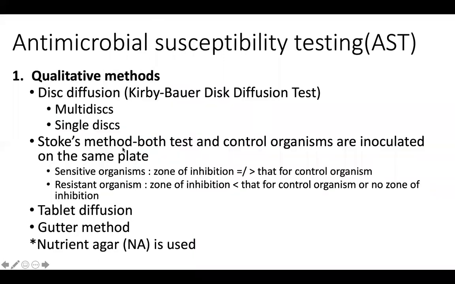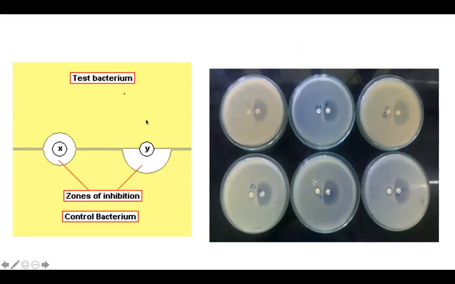Then you have the Stokes method also. For the Stokes method, you can see examples on the petri dish to the right. The explanation is to the left. So on the same plate, you are divided into two. You're using the same antimicrobial agent as opposed to the multi-disc. And what you have on one side is a control organism. What is a control organism? A control organism is a bacterium whose properties we know and usually get from manufacturers.